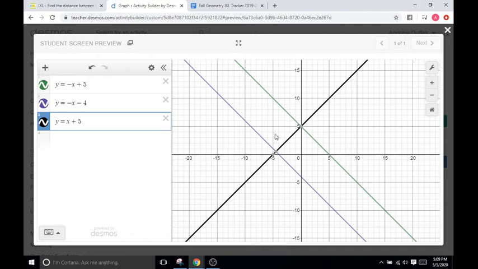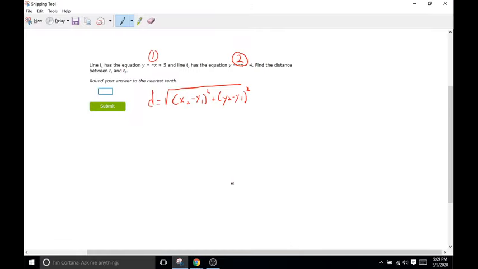We're going to go back to our pad. Okay, so we're going to compare this equation with our point of (0, 5). Now, when writing our new equation, remember we want to find y equals mx plus b.